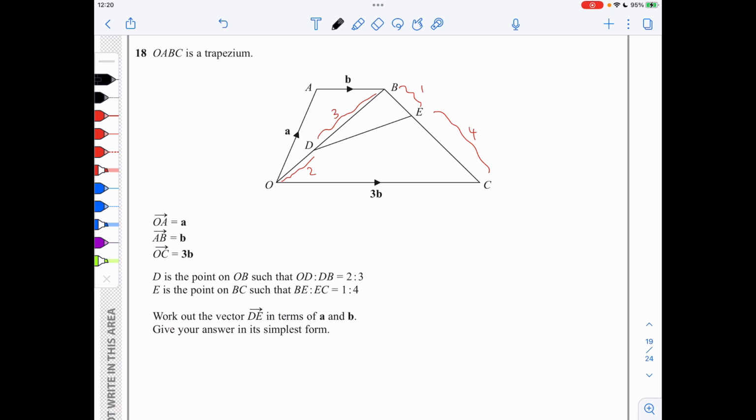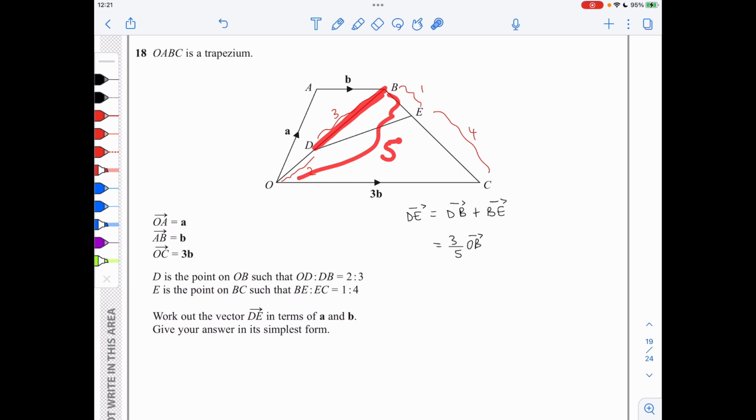So DE is going to be DB plus BE. I'm saying that to go from D to E, I can go from D to B and then from B to E. Now DB is 3/5 of OB, because if we look at the ratios, DB is 3 parts and OB is 5 parts, and they go in the same direction.